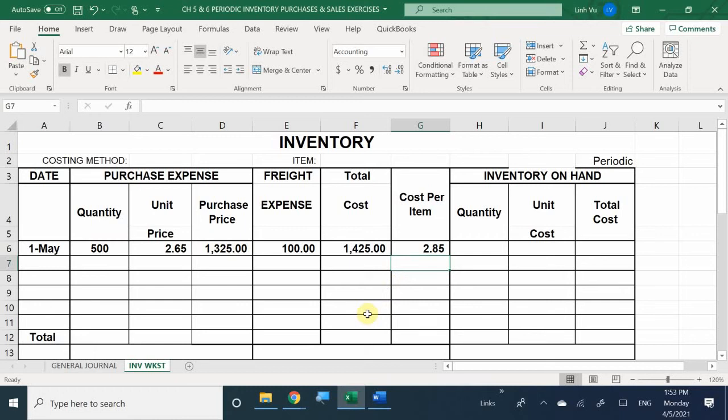Now, we have to remember, what is our costing method? Let's go back to the scenario. What was my costing method?